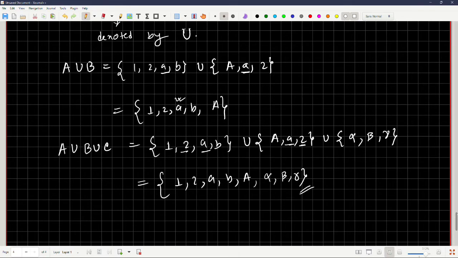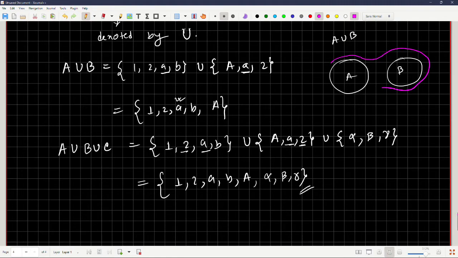So if you want to see this thing diagrammatically, we do it with diagrams like this. Yeah, I always forget that word and the pronunciation. So this is A and this is B, let's say. And what is A union B? With the help of diagrams, A union B is something like this. What is this color? Is it pink?